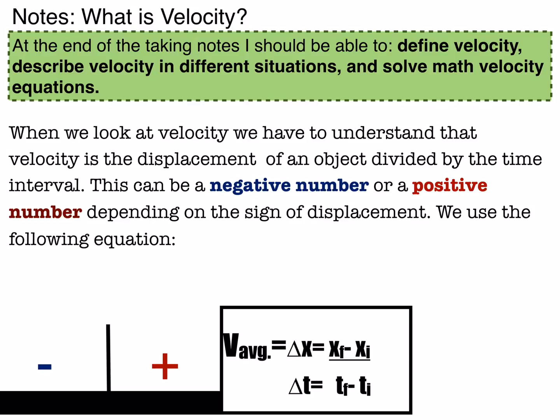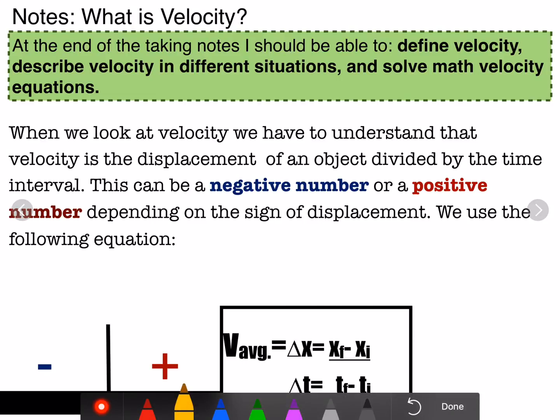V average is equal to the change in x, x being the distance in the horizontal form, over the change in t, where t stands for time. The triangle here stands for change. So change in x, change in t, we have to find the displacement between them.